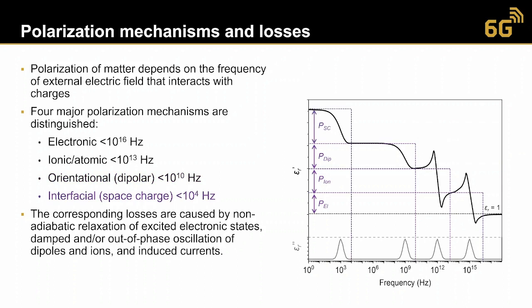At very low frequencies, we usually meet interfacial or space charge polarization, which is a simple drift of charged particles, typically ions, in the solid material at interfaces, resulting in different types of charge accumulations or space charges.